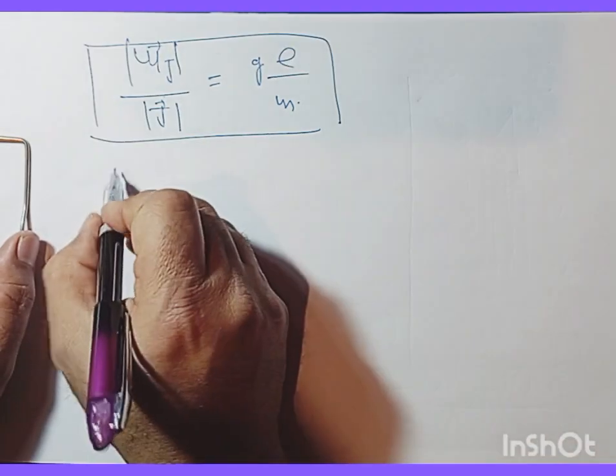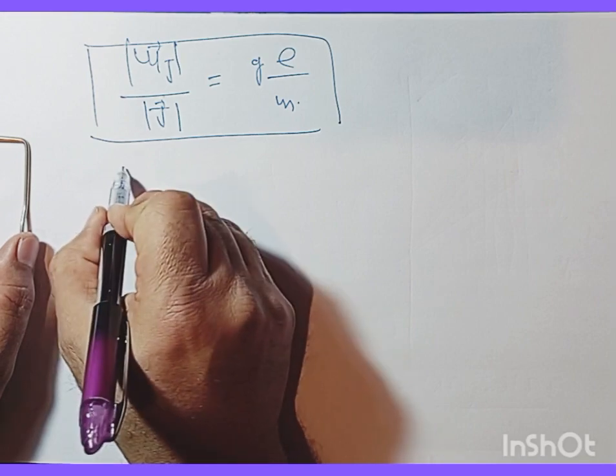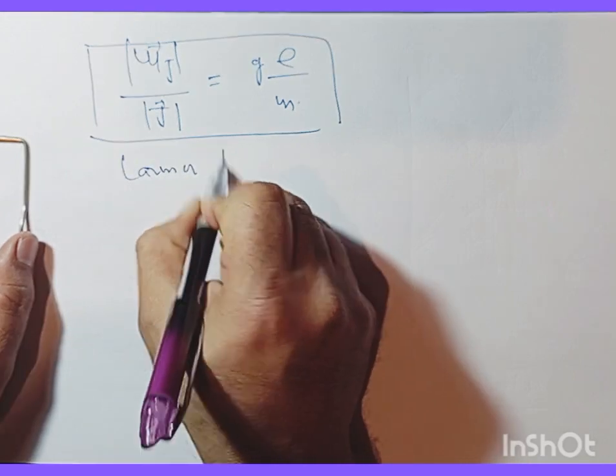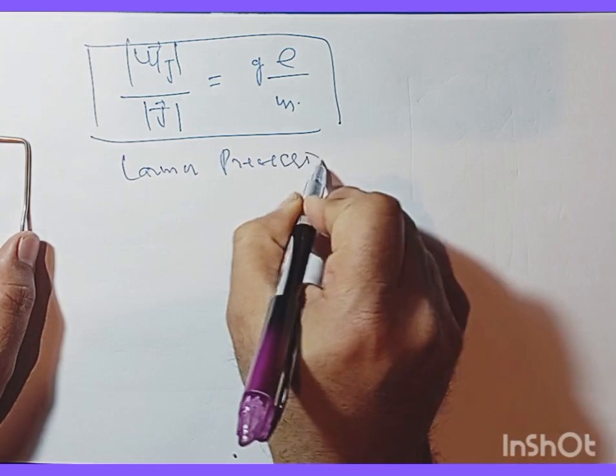Now we have already derived the Larmor precession formula.